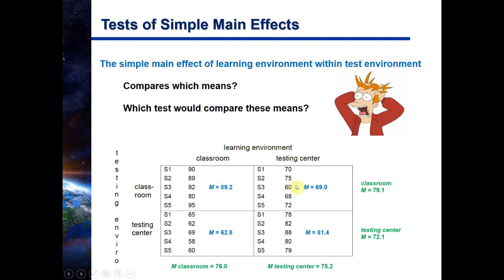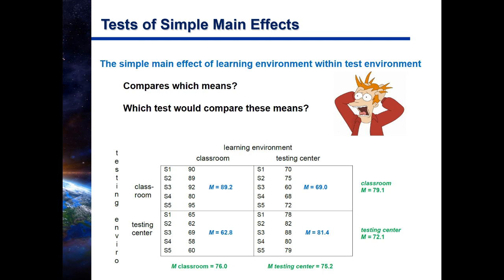Now, what test would you use? Well, you're comparing two means, and it's the same people making up each mean. So that would be a dependent t-test. Remember from the last lecture, when you look at simple main effects, you kind of have to ignore the original two-way ANOVA. You did the two-way ANOVA to identify which of the main effects and interaction are significant.